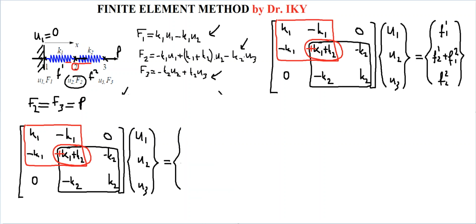And I'm going to write the values, which will be F1, and this time 0 and P. And we have got the stiffness values, and instead of U1, I'm going to erase it, delete it, yes, and I will say it is 0.